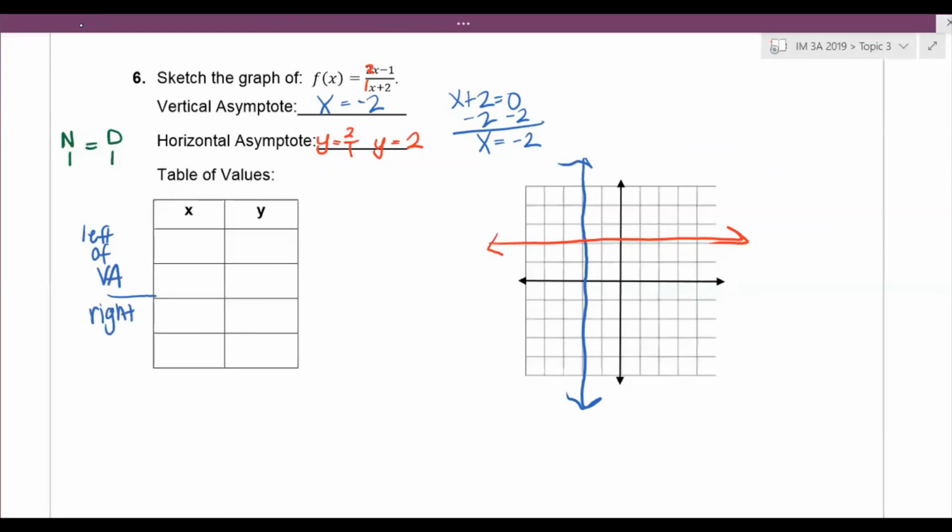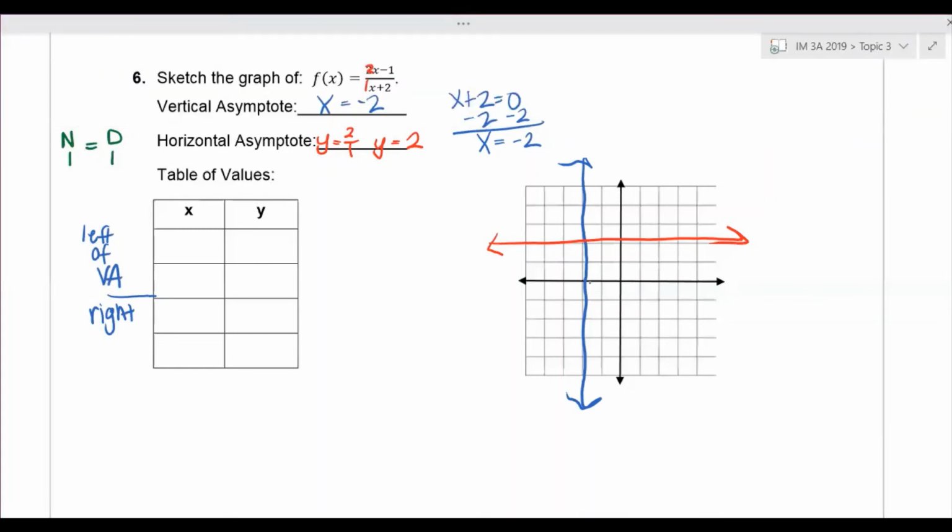And so since our vertical asymptote is at -2, we want to pick values like -3 and -4 on the left and -1 and 0 on the right. So when we're picking these values, we're really just picking something on either side of the vertical asymptote so we can see if it's going to be in one of these 4 quadrants between the 2 asymptotes.